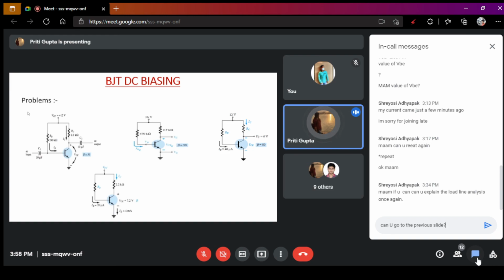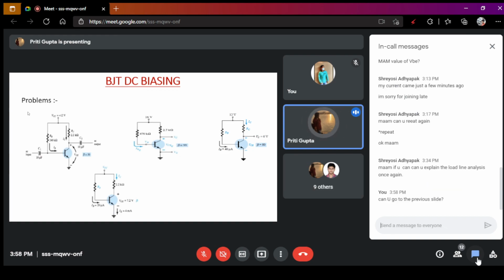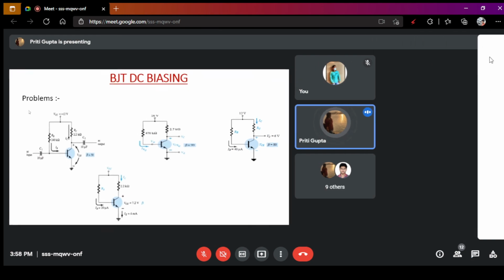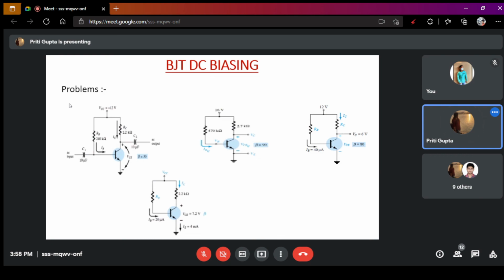Determine the following for the fixed bias configuration.